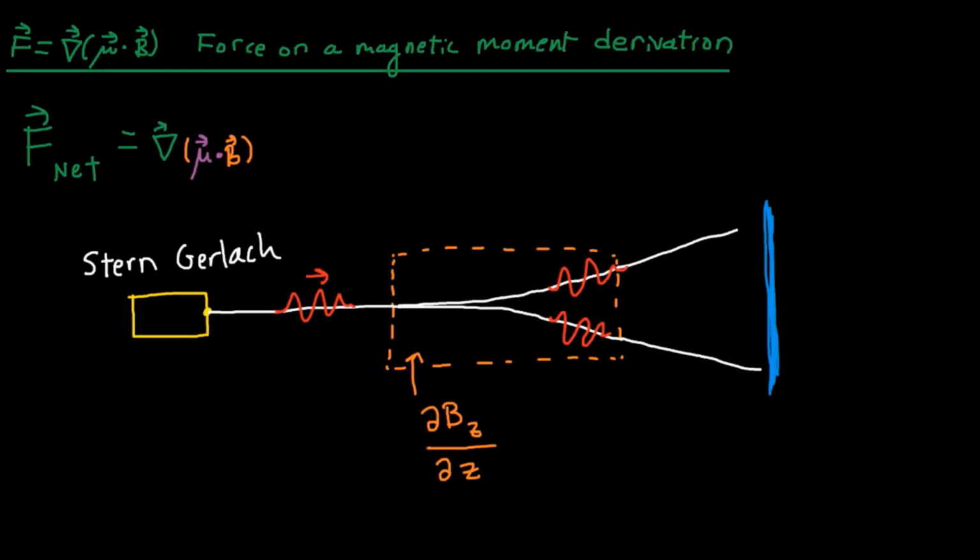More specifically, the state is given by two wave functions, one spin up wave function and one spin down wave function. So the spin up wave function, for instance, will get deflected upwards, and the spin down wave function will get deflected downwards.